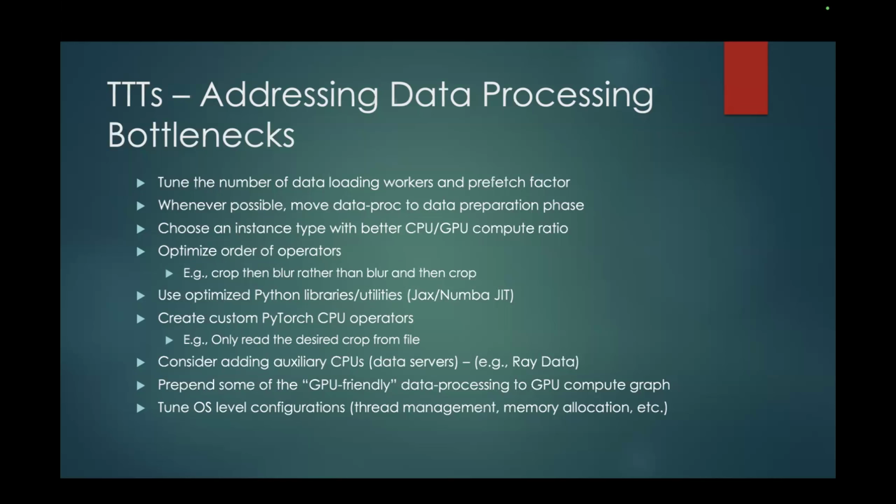Sometimes you may want to use auxiliary CPUs. That means creating a cluster in which you have your GPU instance type, but also a bunch of additional CPU instances. In one of our blog posts, we demonstrate doing that using Ray.